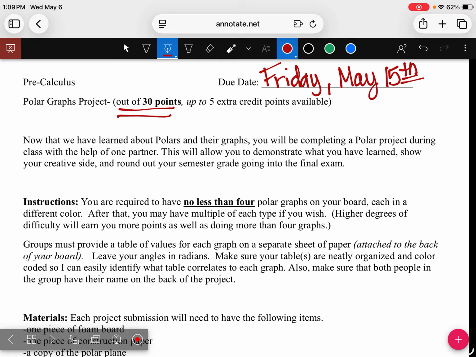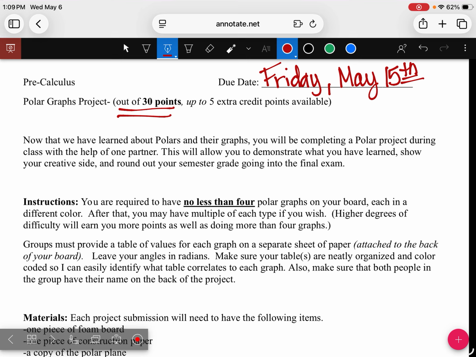You're going to start the designing process tomorrow, and then Friday you're going to start building your graph. You really should be done, if you're actually working on it for the full class period, no later than next Wednesday. Because the hardest part is just creating the tables, which is what you're going to do tomorrow, okay?